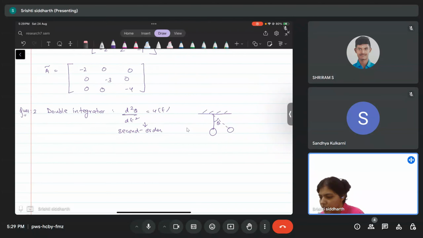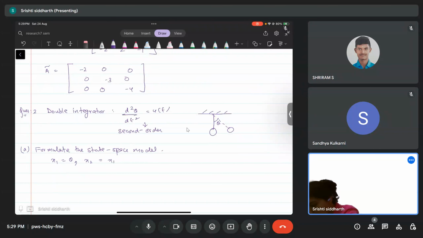And so the first part is that we have to formulate the state space model. So that's pretty easy. It's a second order system, so we have two states, x1 and x2. Let's say x1 is theta and x2 is x1 dot, which is theta dot. Now we have to write it in terms of the matrices A and B. Alright.